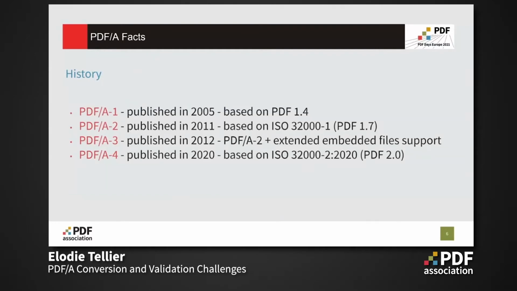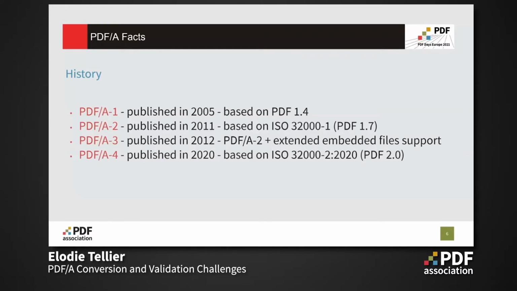If we take a quick overview of each version, we have PDFA 1, published in 2005 and based on PDF 1.4. PDFA 1 has 2 levels, A and B. The A level, with A for accessible, aims to increase the accessibility of the file thanks to a logical document structure and necessary tags and information to help users with assistive technologies.